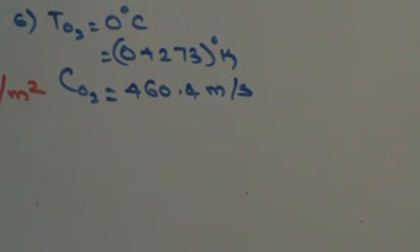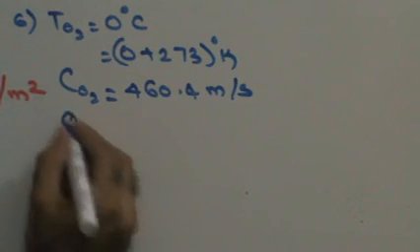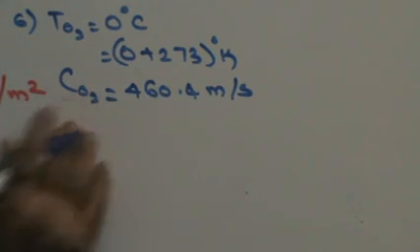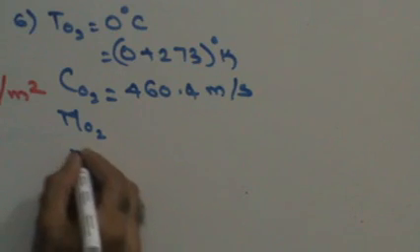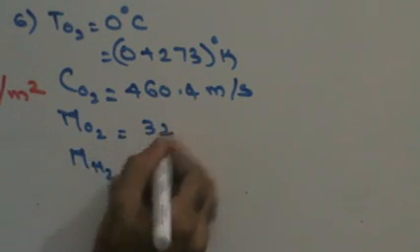Find the RMS velocity of hydrogen at the same temperature, if the molecular weight of oxygen and hydrogen is 32 and 2.